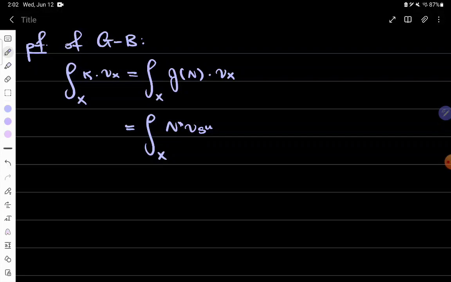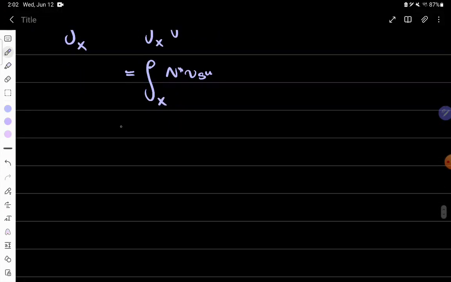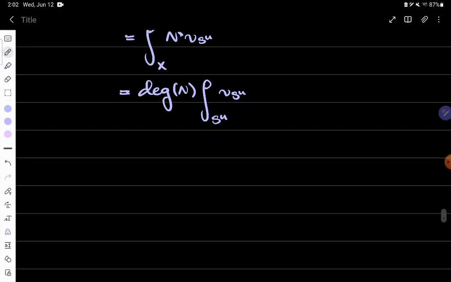So we're integrating the pullback of the volume form on Sn via the Gauss map on X, which is the source. And by the degree formula for top forms that we looked at earlier, this is just the degree of n times the integral of the canonical volume form on Sn.